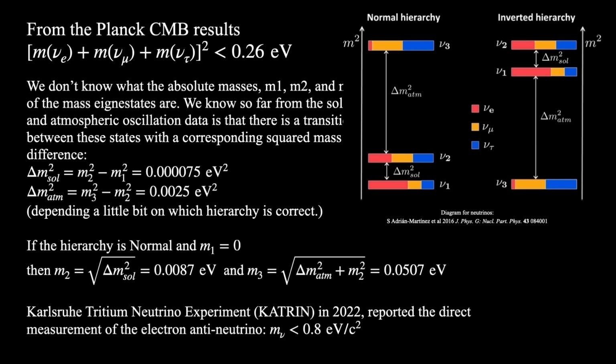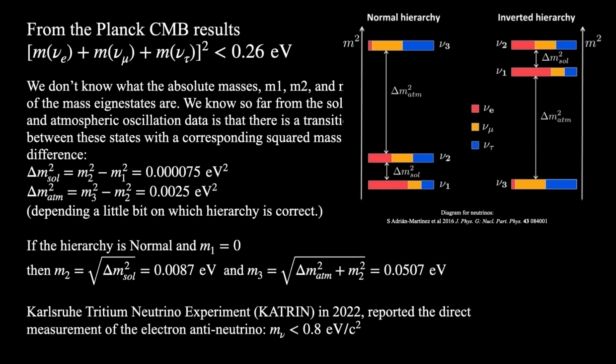Both of these differences are between squares of the mass eigenstates. We know the differences of the squares of each of the two mass states, but we don't know the individual masses for each neutrino. Instead, each mass state is made up of a combination of three flavors, as you can see illustrated. We don't know the absolute masses m1, m2, or m3 of any of these eigenstates. We just don't know.